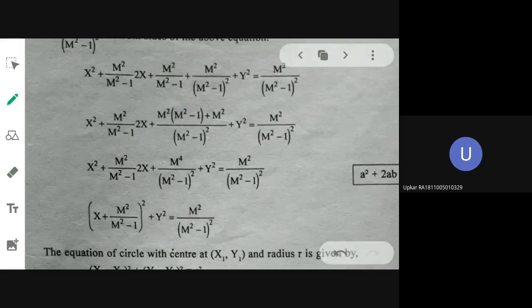Now comes the grouping part. Now these three terms, if you group them, how can you simplify further? You know the a squared plus b squared plus 2ab formula. This is your a squared, this is your b squared, and this is 2ab.